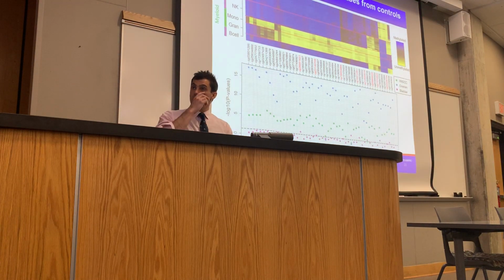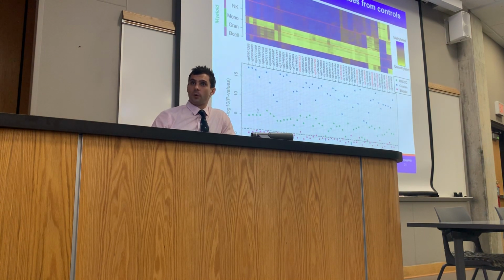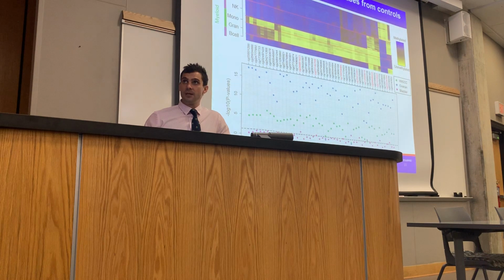So that's precisely what I'm depicting here. Each one of these points, the blue, the green, and the purple, represent the three different studies that I just described. So head and neck is green, blue is ovarian, and the purple is bladder. And what each one of these points represents is the minus log 10 p-value from a statistical test comparing the methylation signature of that CpG between cancer cases and controls.